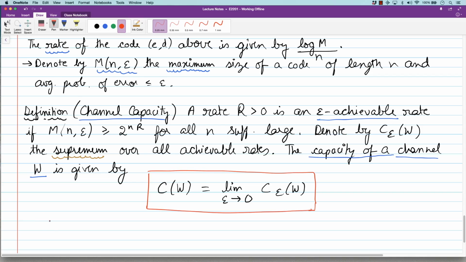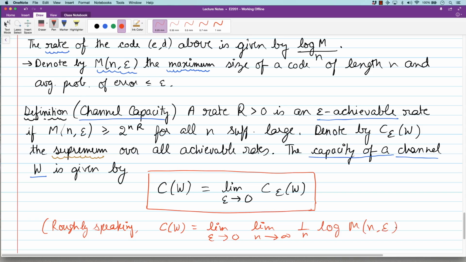So this is just a rough thing because limits may not exist, but roughly speaking, CW is the limit as epsilon goes to 0, limit as n goes to infinity, of 1 by n log of M(n, epsilon).